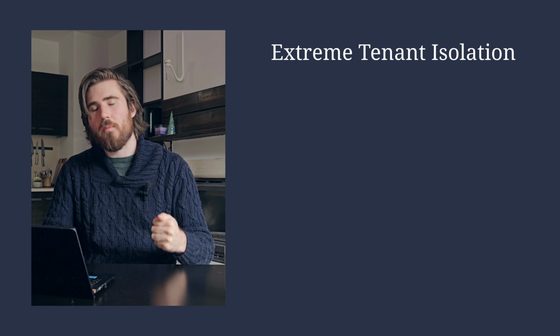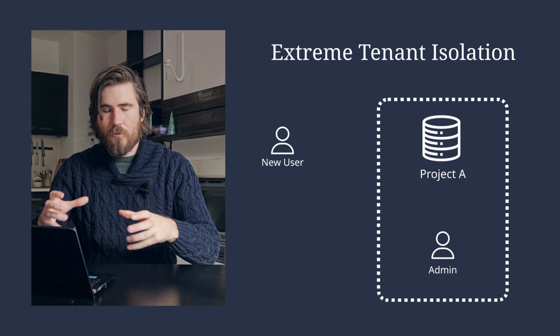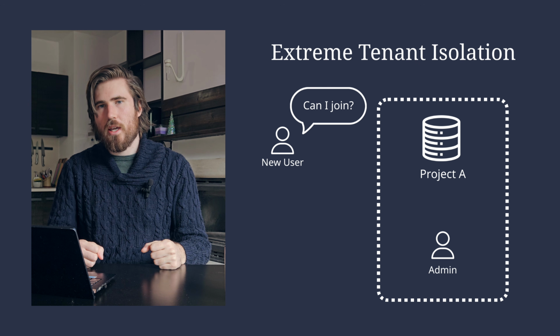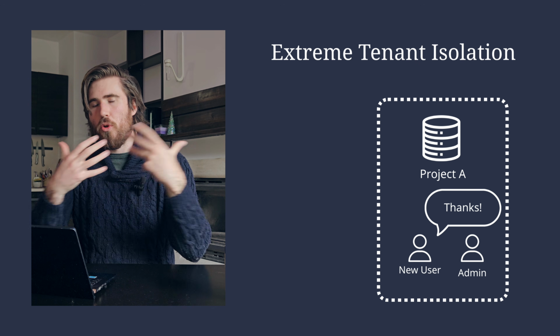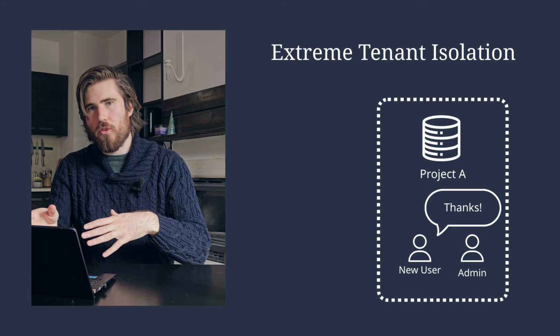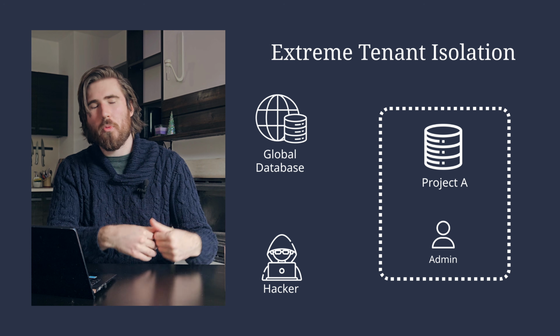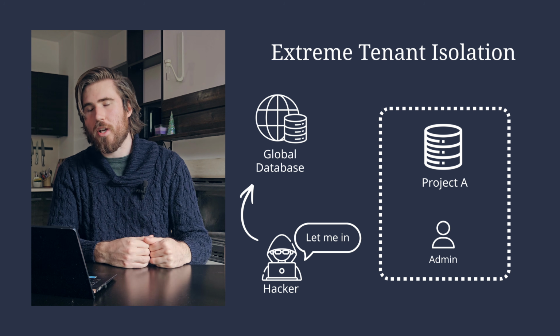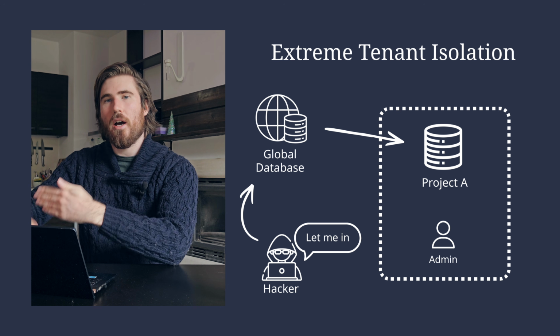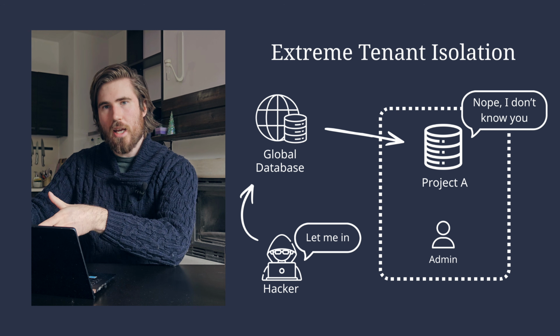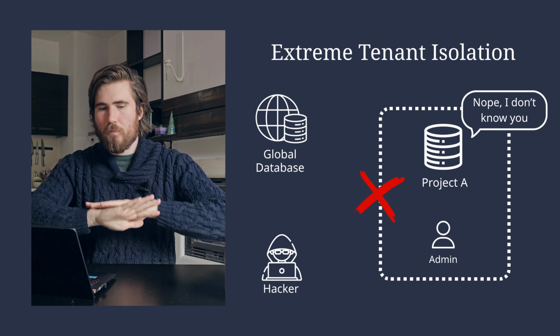We have an extreme level of tenant isolation. In order for someone to join a project in our application, a write has to be done inside the project database. The global database can't just add someone to the project. Someone can modify the global database to say, hey, I'm a member of this project. But unless the project has the matching key, which required the write to be done on the project's machine, there's no handshake, and it just kicks them off.